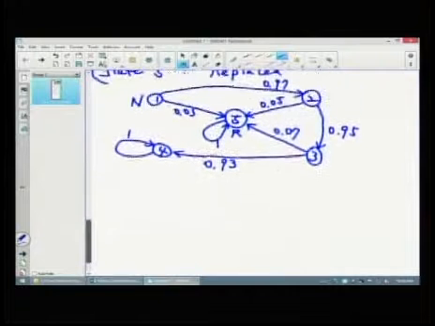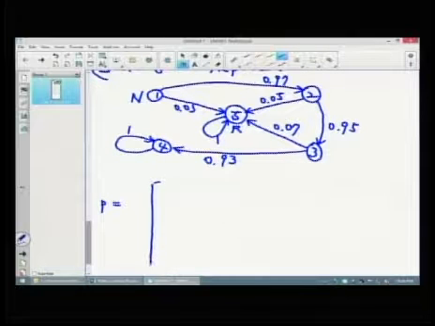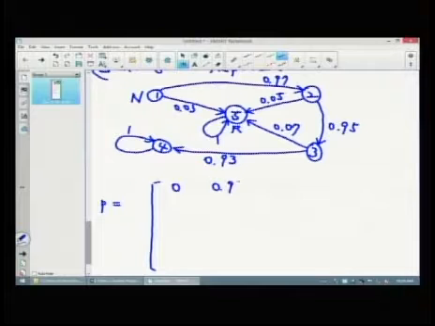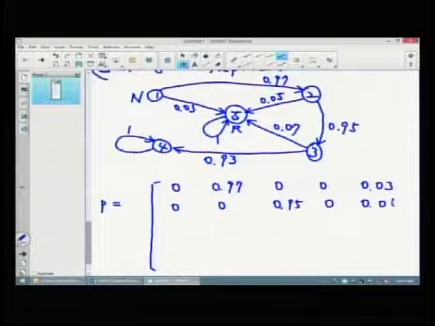Okay, now based on this, let's make a one-step transition probability matrix. So we have 0.97, 0, 0, and 0.03, right? And 0, 0, 0.95, 0, 0.05.